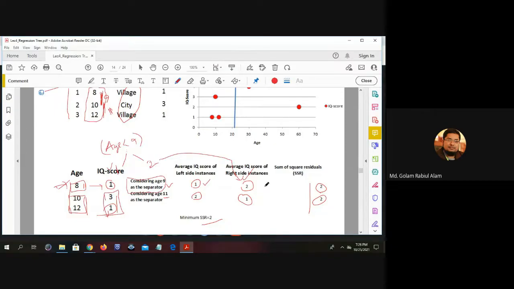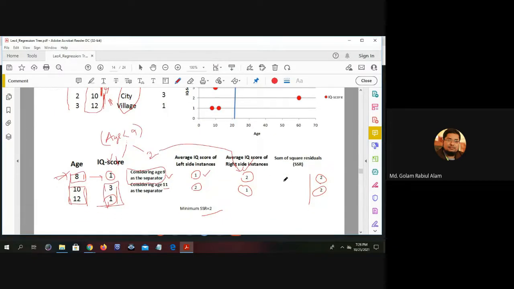And again, same thing. That means we have to determine the sum of square residuals. So in this case, the sum of square residuals, considering age 9, on the left side has just one element. This is the original, 1, minus the prediction, 1.